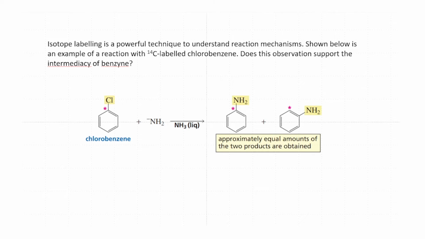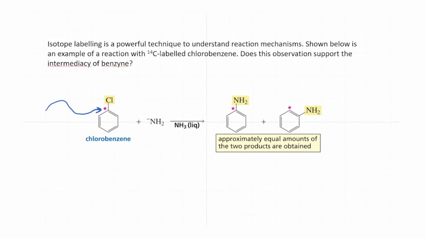So here is chlorobenzene, and if you see here, this position is labeled with carbon 14. Okay, so it's a very convenient way to track the presence of, or where that carbon is, how that carbon continues to be connected in the product.